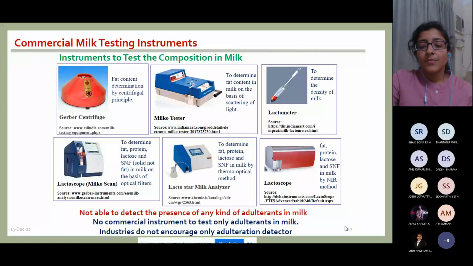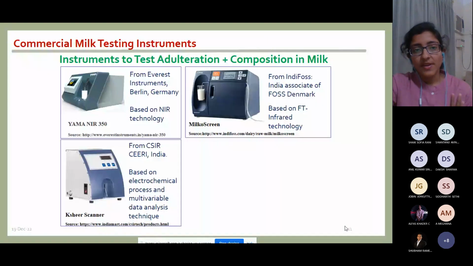We found that only three instruments are there which can test both adulterants and composition in milk. The first one is the NIR 350, then the Milko Screen, which is from Denmark, and one we found is from CSIR-CEERI, India, that laboratory.